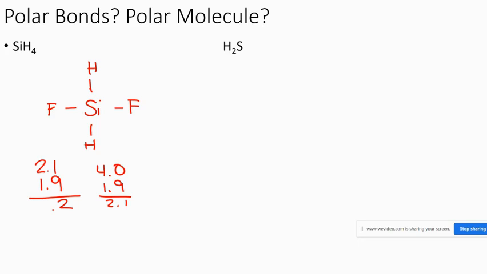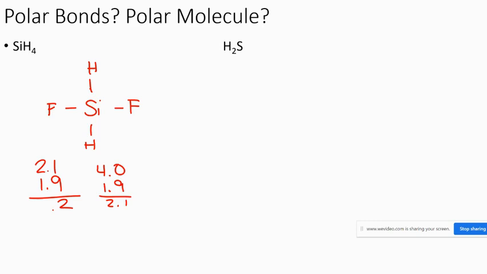Even though this is drawn like this and it appears that everything's symmetrical, these fluorines have such a bigger charge cloud versus these. Does that make sense? So this is not a symmetrical atom.